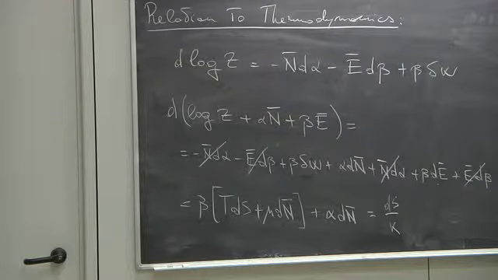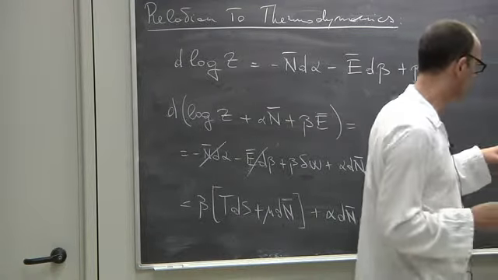So this tells us that S over K, the entropy divided by K, is equal to log Z plus, well, alpha, we said, is equal to minus mu over KT times N, plus beta times energy, E divided by KT.